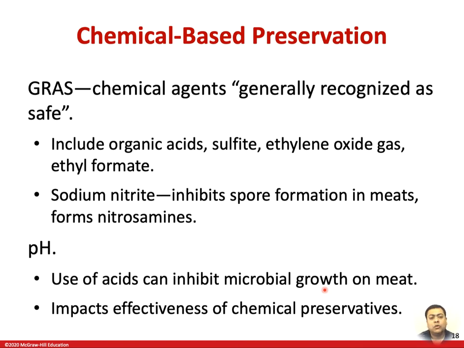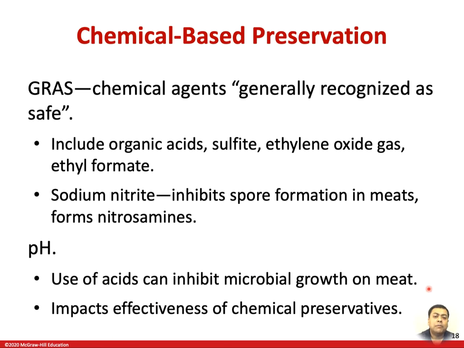Organic acids usually at the level of 1 to 3% are used in meat. The poultry is preserved in 10% lactic acid and sodium lactate buffer, which is pH 3, before packaging. Sodium propionate is also another product that is used for chemical-based preservation, and the activity of sodium propionate actually increases at lower pH.